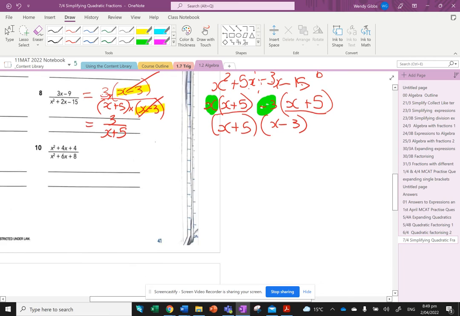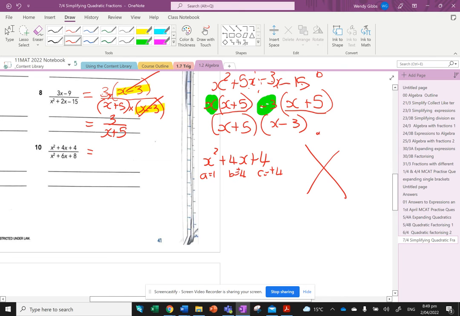And then what do we do with number 10? We factorise it the same way. And so we have, if we do the same thinking, x squared plus 4x plus 4. This is a is 1, b is 4, c is plus 4. So we want ac here, b here. B is 4. A times c is 1 times 4, which is 4.